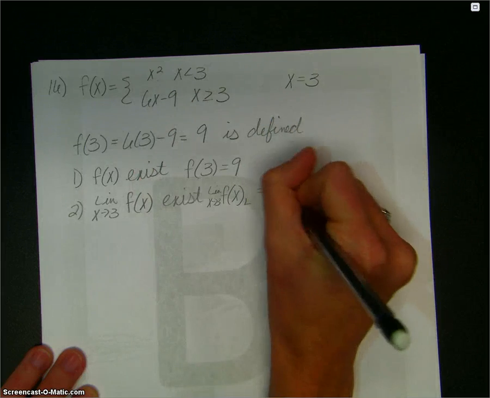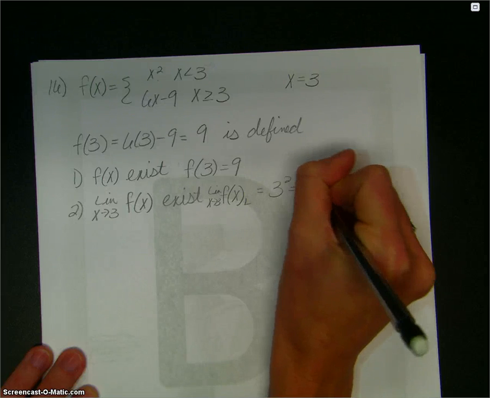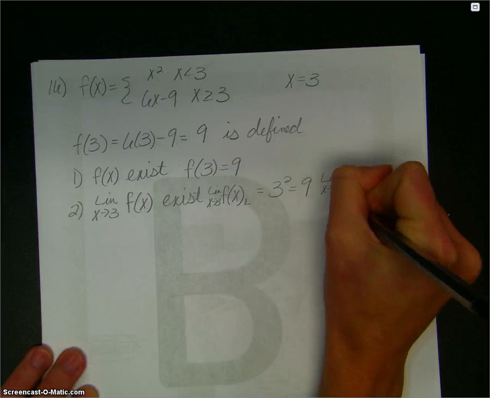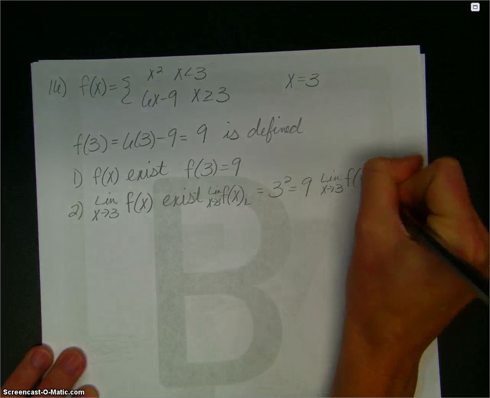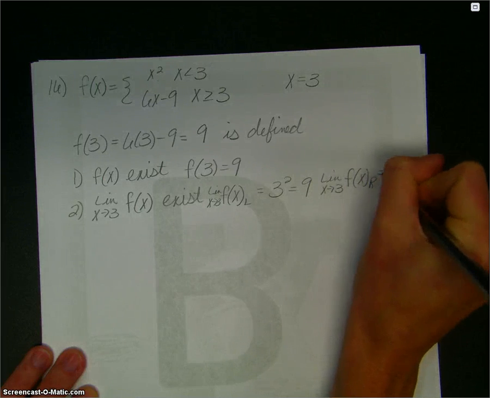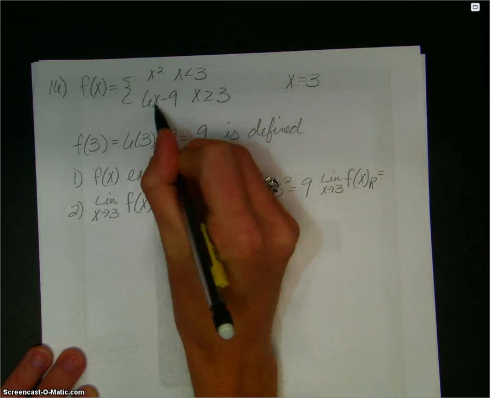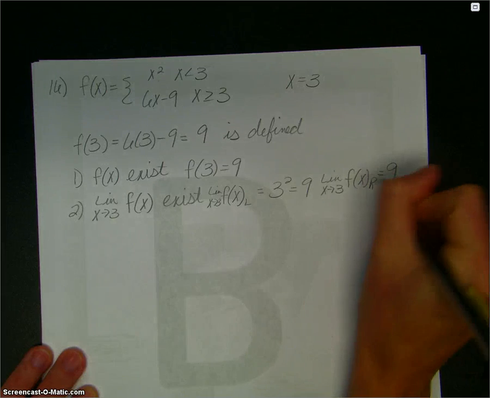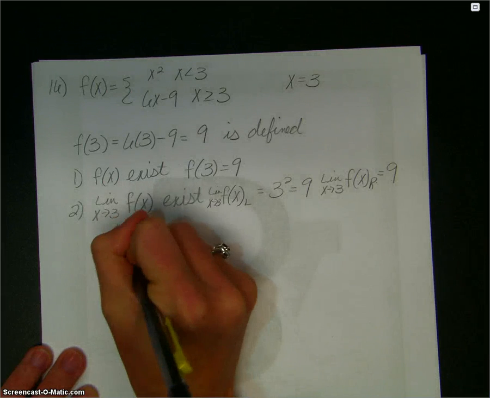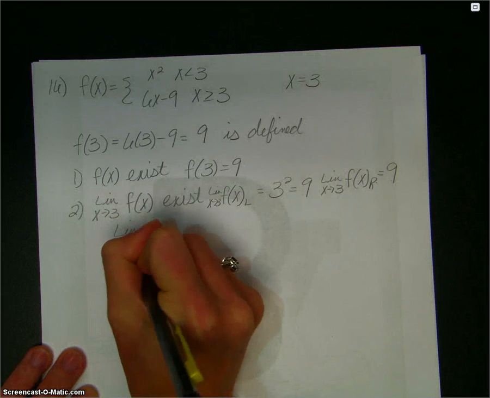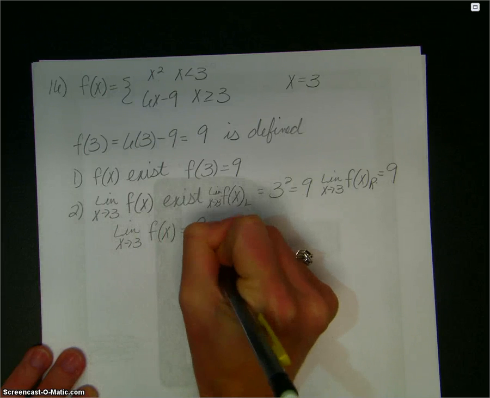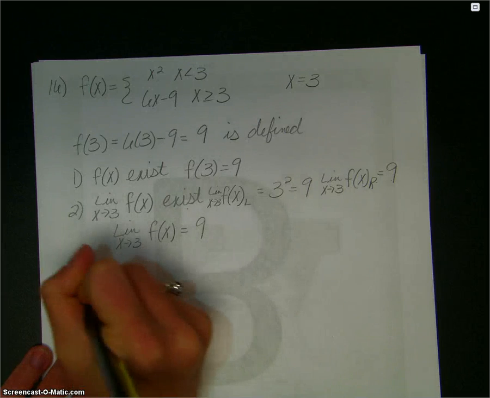And so when I plug that in, that's going to give me 3 squared, which is equal to 9. And I already know if I plug 3 into this one on the right-hand side, I'm going to get 9. And so since they came out to be the same thing, that tells me that the limit as x is approaching 3 of f of x is equal to 9, and so it does exist.